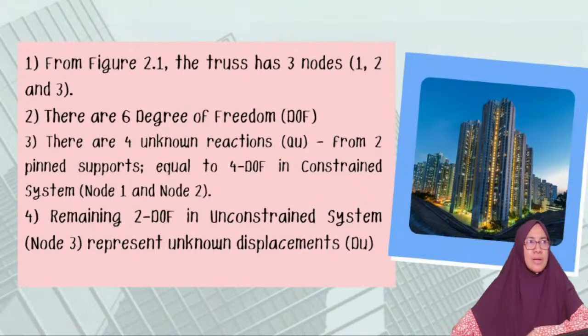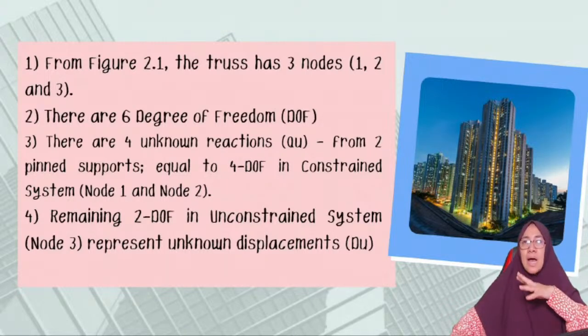In summary, there are 6 degrees of freedom because there are 3 nodes. Looking at the supports, there are 2 pin supports, which means there are 4 unknown reactions. So the remaining is 2: 2 unknown displacements and 4 unknown reactions.